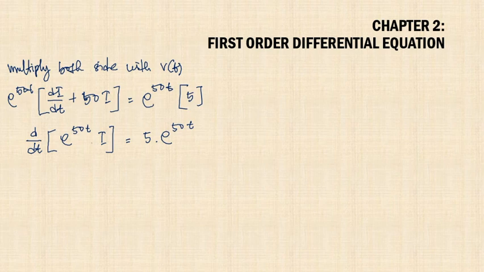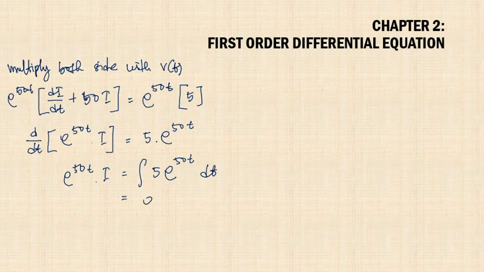Then by integrating both sides, we have e power of 50t times I, and on the right we have the integral of 5 e power of 50t with respect to t. So we integrate and have e power of 50t over 10 plus c.